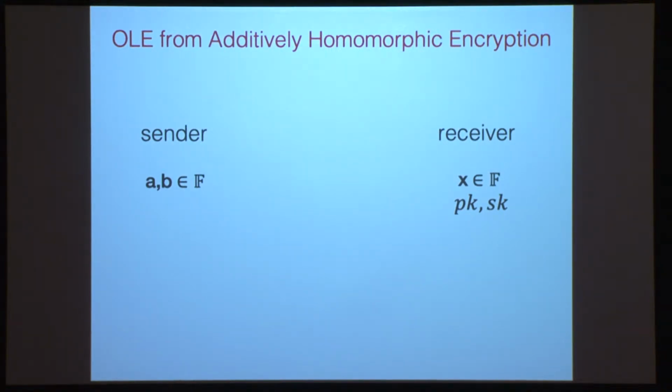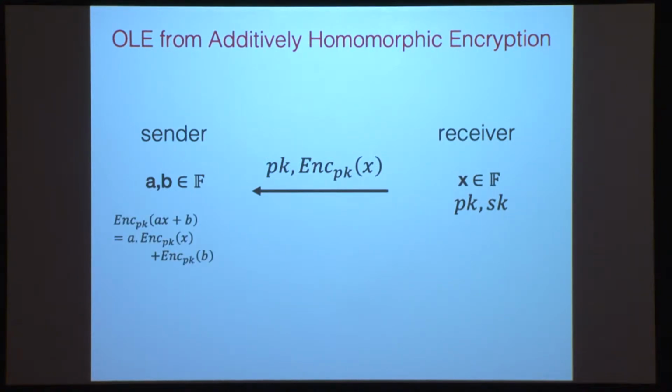What you do is the receiver generates a key pair, encrypts its input, and sends it to the other party. The other party, just using the public key and the encryption, can compute an encryption of AX plus B, which is what the receiver wants to learn. Why? Because everything is a linear operation. A times the encryption of X is like adding the encryption of X A times, and you get an encryption of AX.